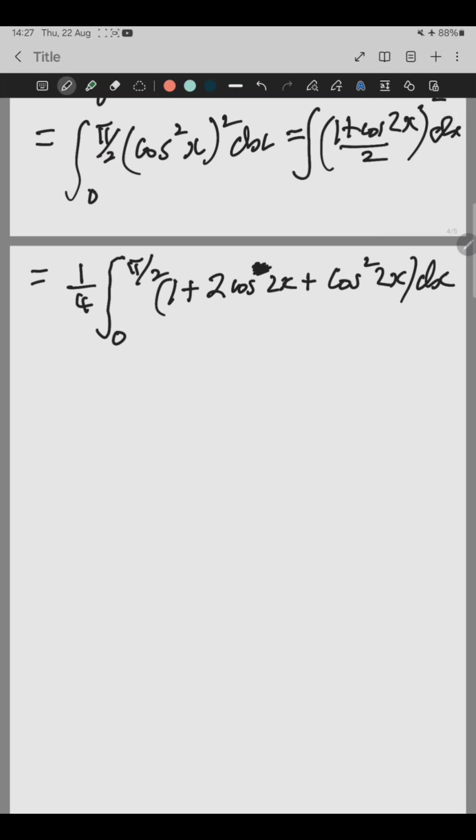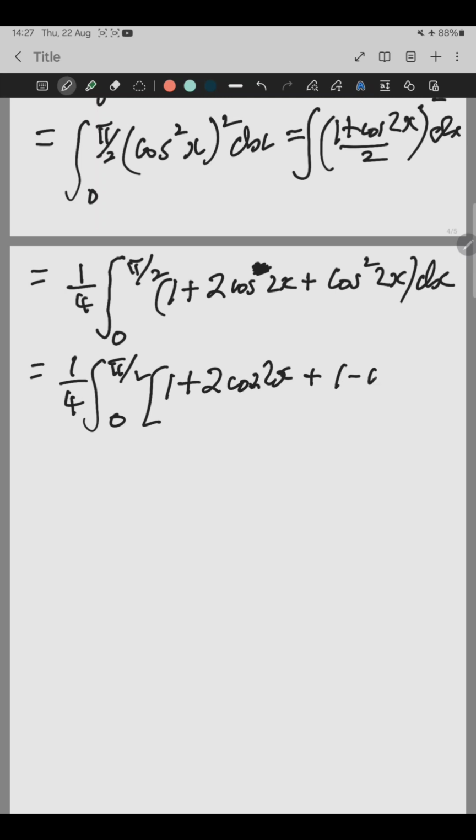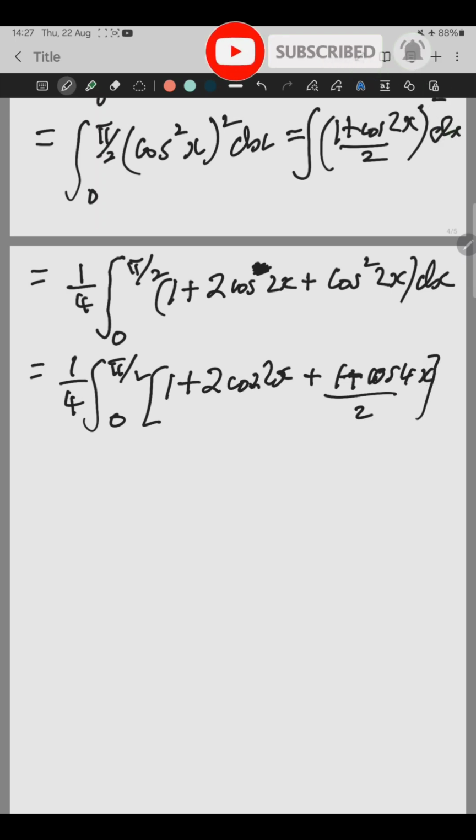Right, carrying on from there, it's 1/4 integral from 0 to pi over 2 of 1 plus 2 cos 2x, and the cos squared 2x can be written as 1 plus cos 4x over 2, and then dx.